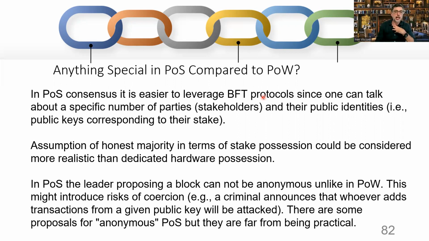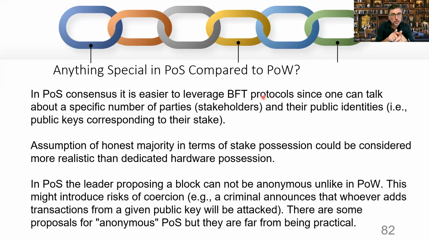Nothing about me is currently in the blockchain. And when I manage to mine, there will be my public key, which can be a one-time public key. I will never use it again. It will appear just for me to cash the reward, right? So it's extremely privacy preserving, if you want.